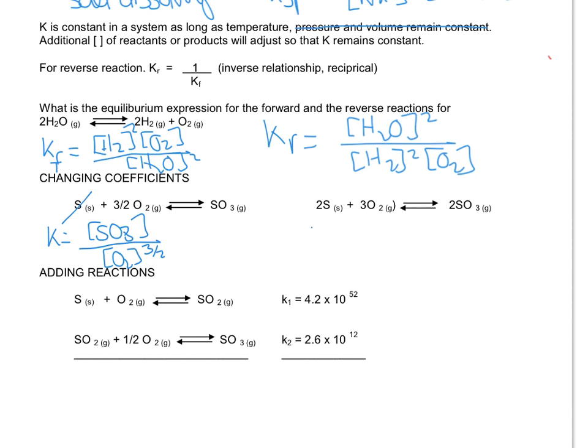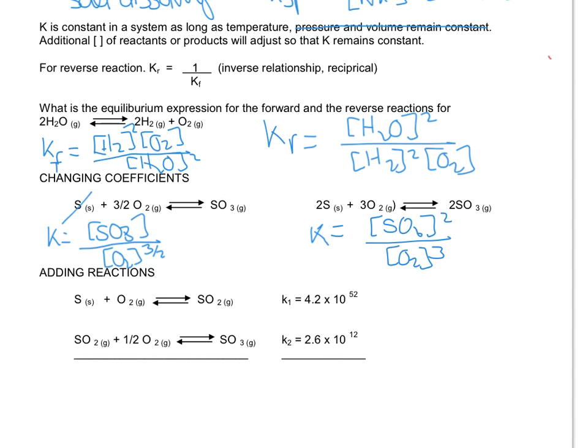If I wanted to write K for this reaction, it's exactly the same reaction except it's multiplied by 2, right? So let's do that. So that is equal to the concentration of the SO3 squared over the concentration of O2 cubed.